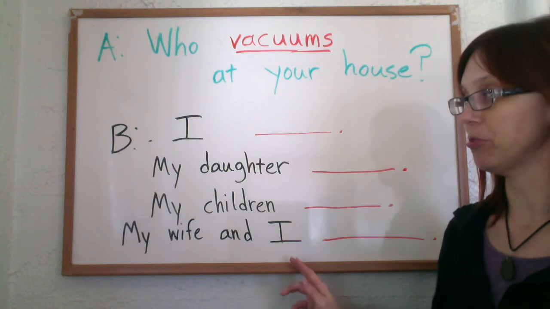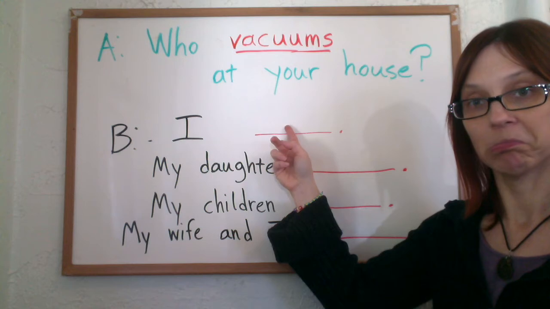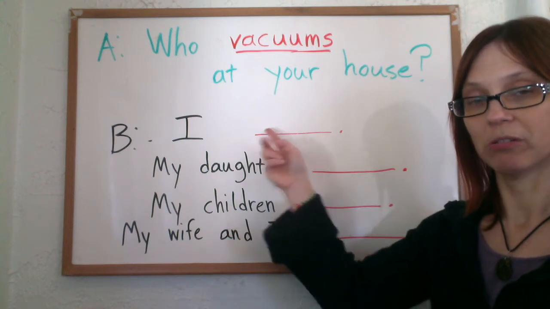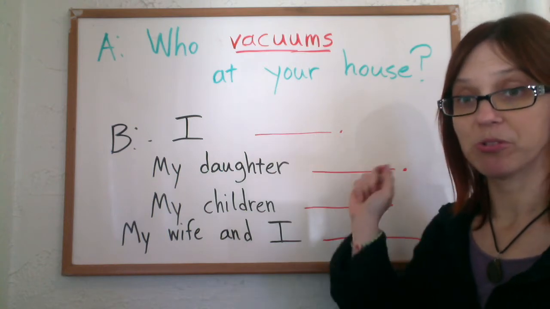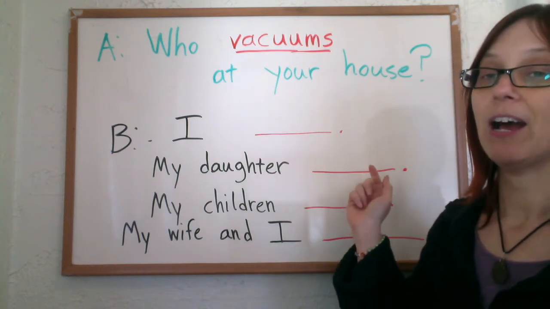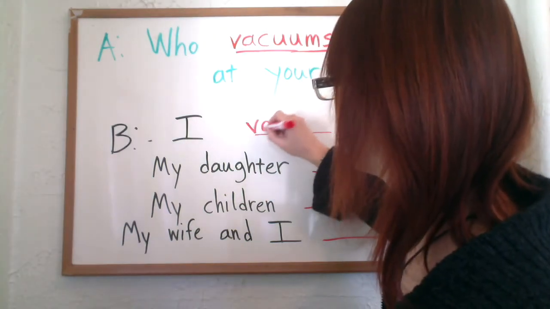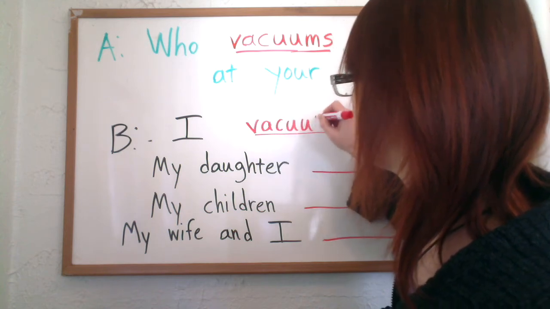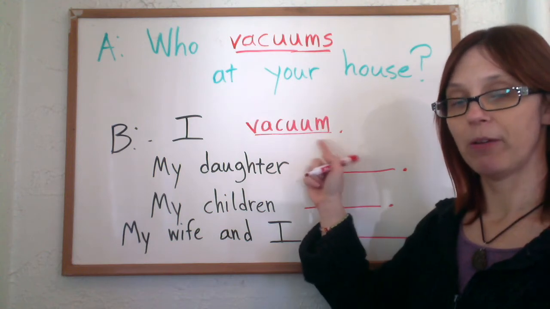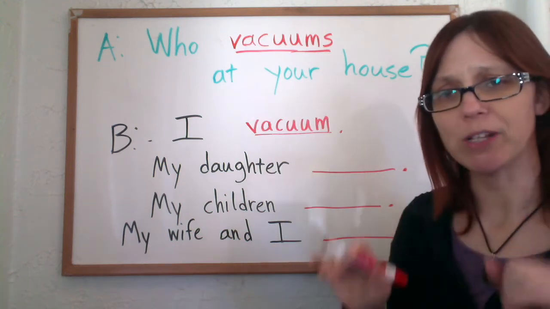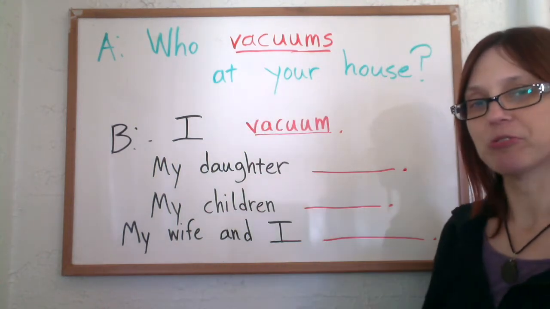Here are some examples. I goes here. I vacuum or I vacuums? I vacuum. V-A-C-U-U-M. Vacuum. No S. Who vacuums at your house?